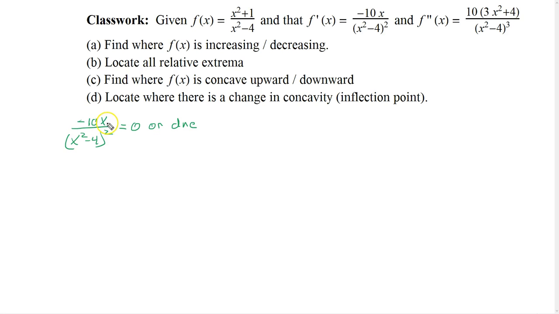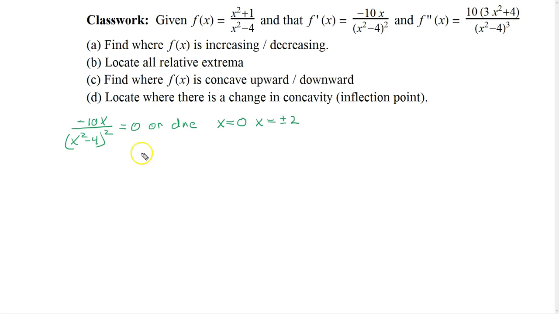And that's when x is equal to 0. So it will equal 0 when x is 0. It will not exist when the denominator is equal to 0. And setting x squared minus 4 equal to 0, that means that x equals plus or minus 2. So that's where the derivative is 0 and does not exist.